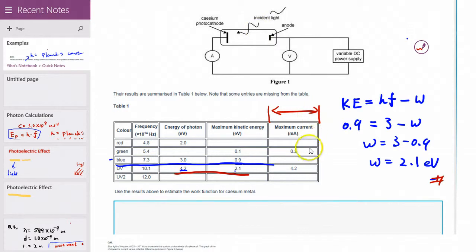If the current is different, it just means the intensity of the light is different. The current measurement has nothing to do with the energy of a single electron or a single photon. It has to do with the number of photons and the number of electrons.